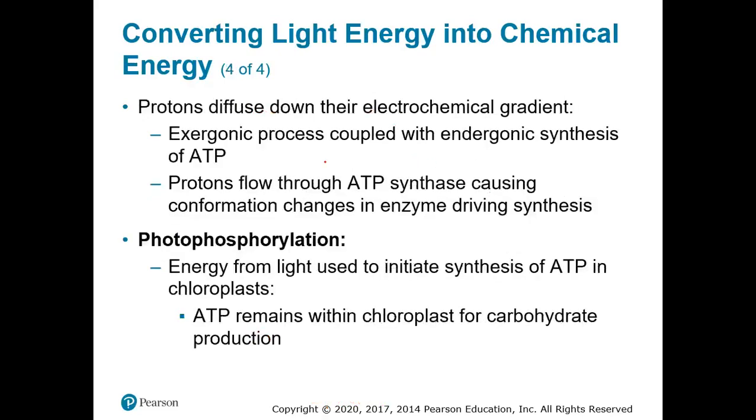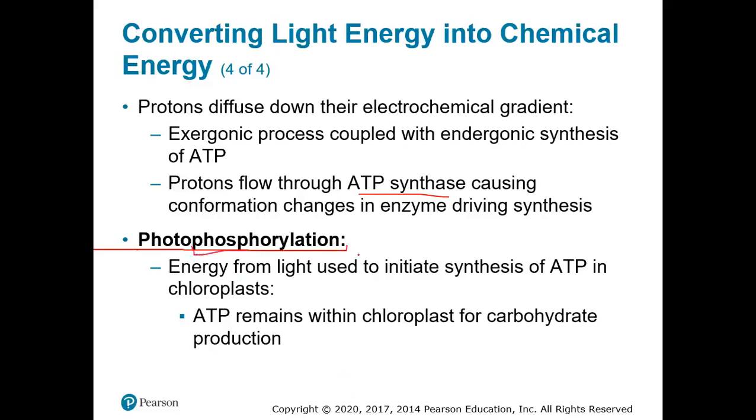Now, just like we said, protons diffuse down that gradient, going through ATP synthase, and we are going to see something called photophosphorylation. So this is a new one. We've seen substrate level phosphorylation. We've seen oxidative phosphorylation, but this one is new. And with this one, remember, what is phosphorylation?